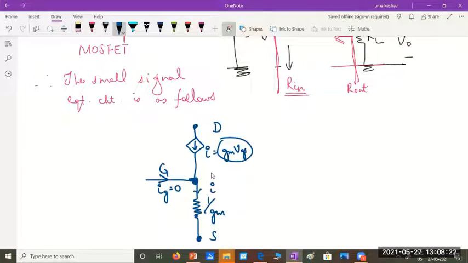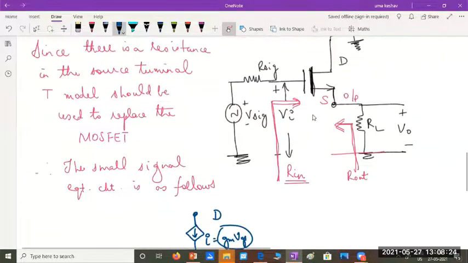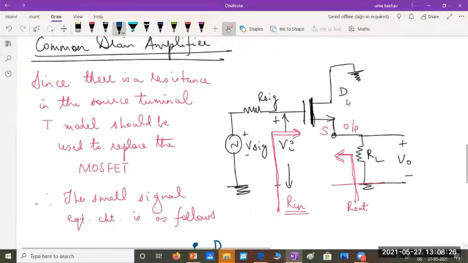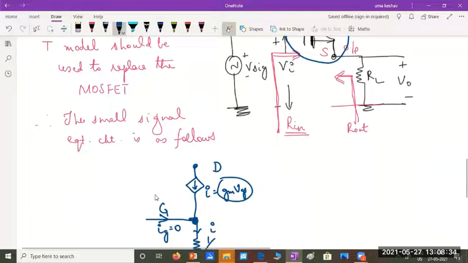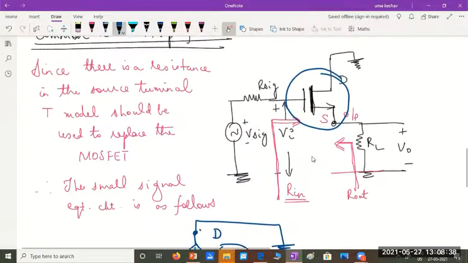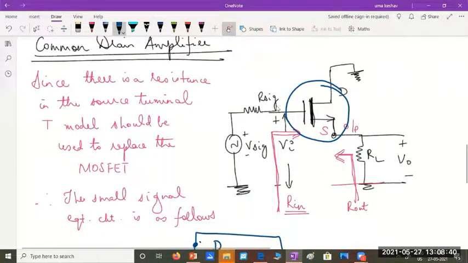That's all. This part is replaced with the T model. Now what should I do to the drain? I should connect the drain to the ground. In this circuit, whatever I have external, I should do it as it is.